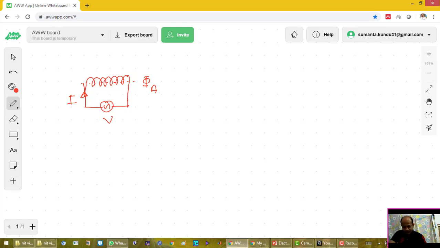What will happen? Because this is an air core, we can assume there is no I square R loss.